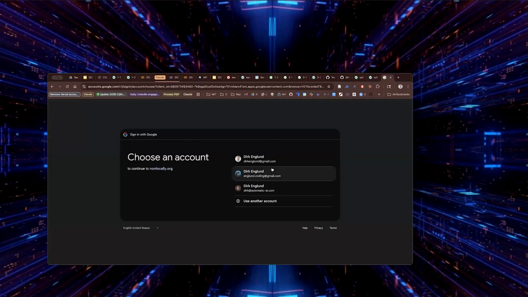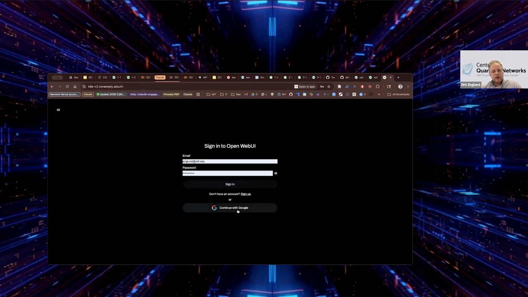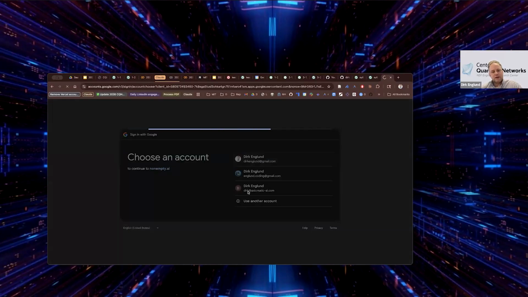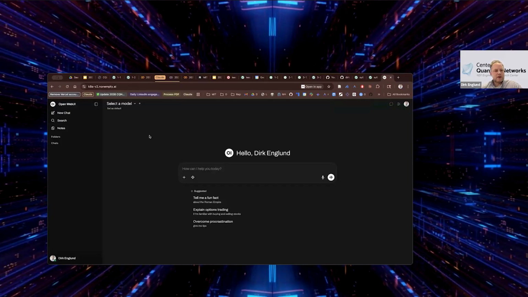So you should be able to take your account and see. Now there's a bit of a bug here, but if you just press on it again, it should work. There we go. Okay.